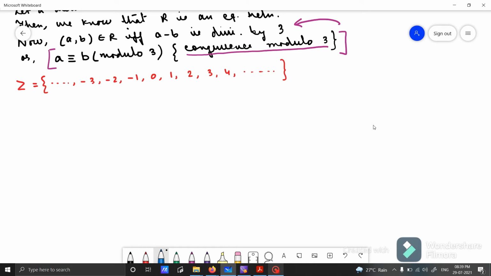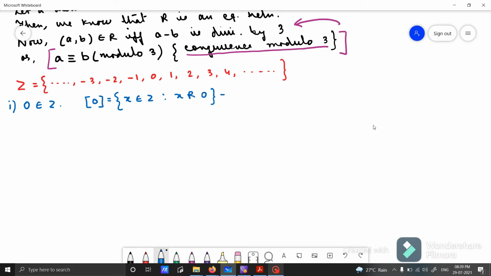So let us first take, say, number 1, the element 0. So 0 belongs to Z. So that means the equivalence class of 0, that is the subset where 0 will belong, according to the definition I had given earlier, will contain all those integers x from Z such that x is related to 0.